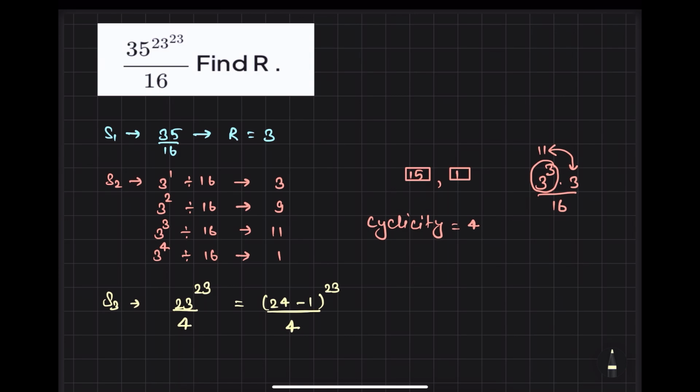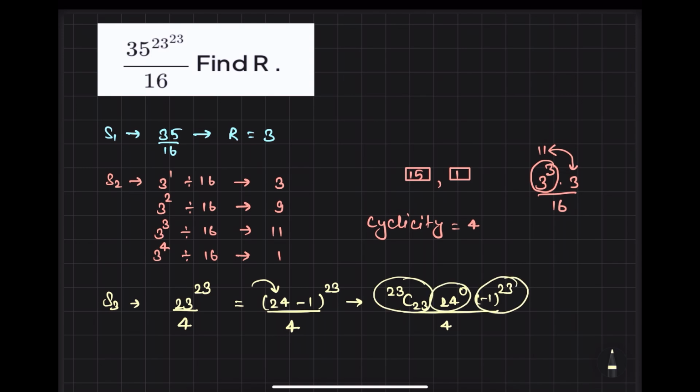If we expand this thing, the element in which 24 will be there will be divisible by 4. So we have to look at the last element, that is 23C23, 24 power 0 times minus 1 power 23. This is the last element. You know it is 1, you know it is 1, and it is minus 1.